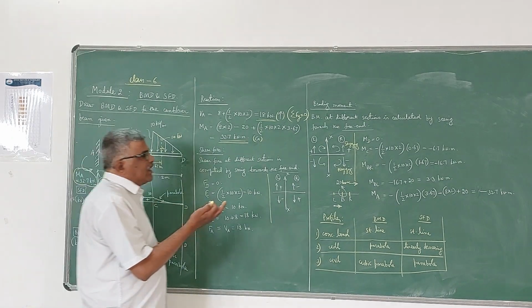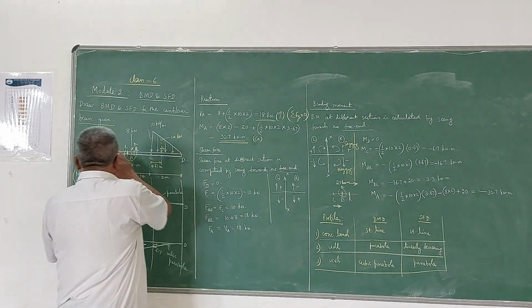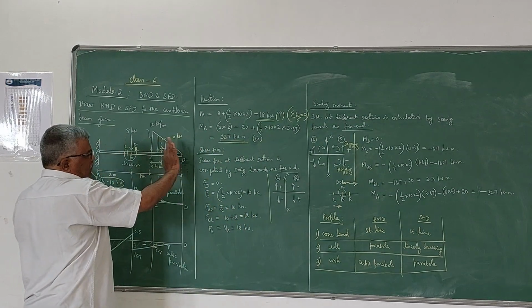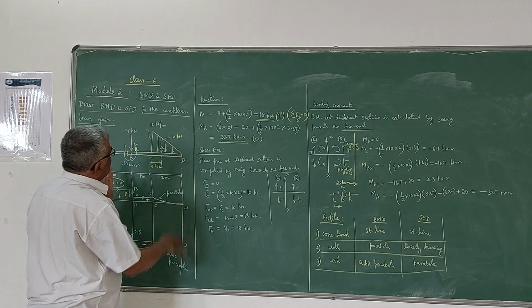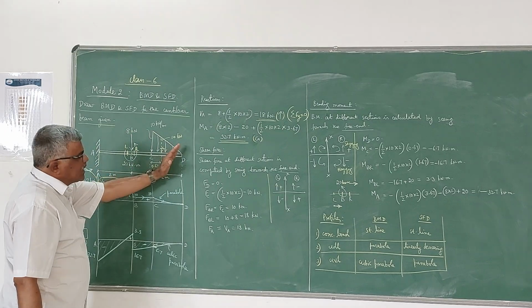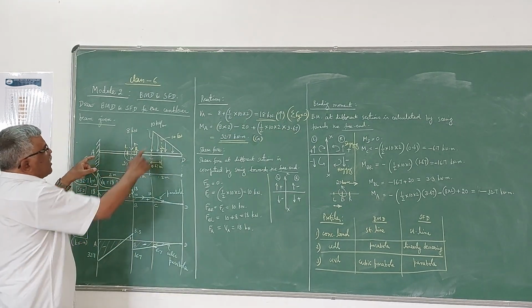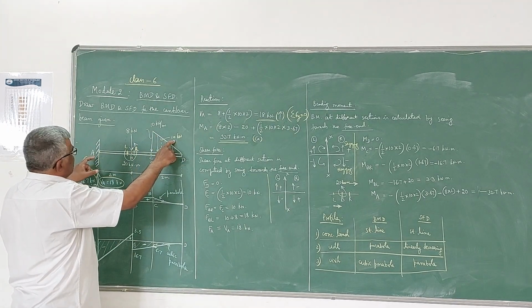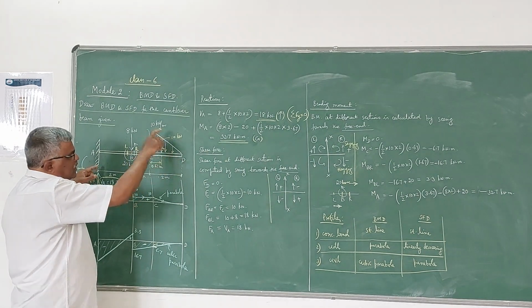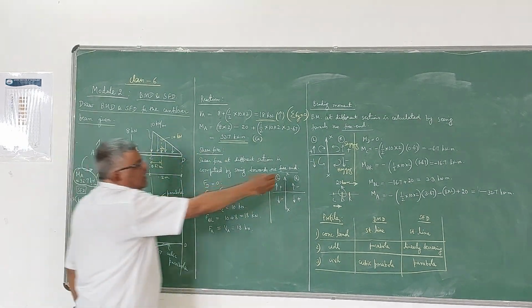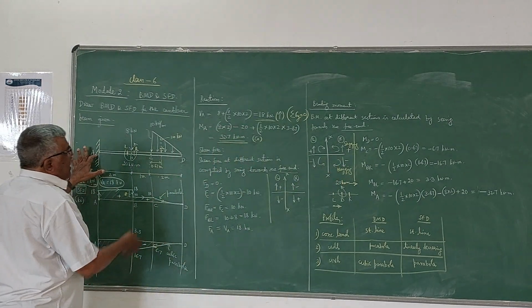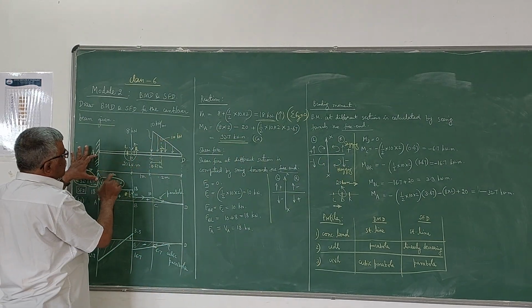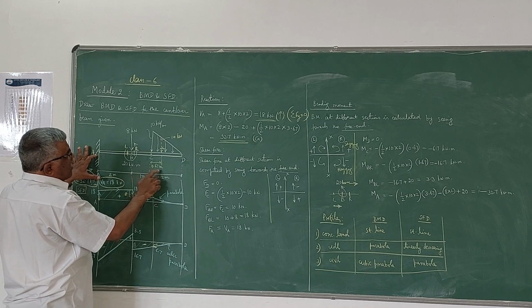Bending moment at A is nothing but the total algebraic sum of the moments of all these forces given to the right side of A. All are minus because they are on the right side and downward, so negative. From A, this distance is 2 plus 1 plus 0.67, that is 3.67.